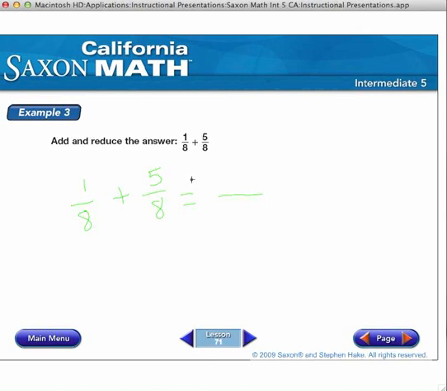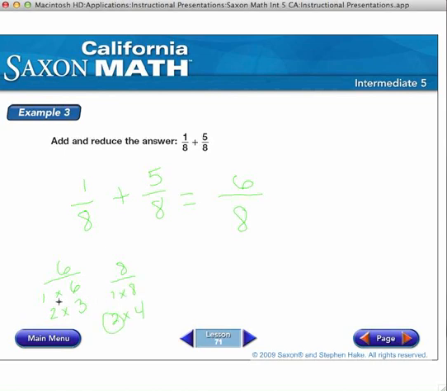So we're going to add straight across the numerators. 1 plus 5 is 6. But my denominator stays the same. Okay, so I have 6/8. Well, 6/8 can be reduced because if I find my common factors, 1 times 6 and 2 times 3, my factors of 8 are 1 and 8 and 2 and 4.